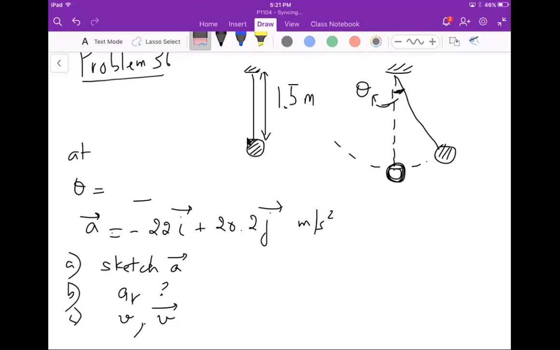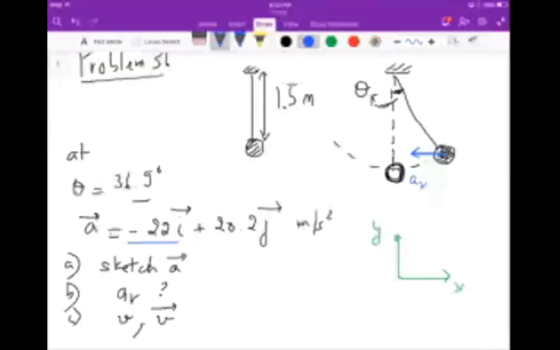So as you can see, AX is given by minus 22 i. That means that AX is pointing to the left, in the opposite direction with respect to the x-axis. So that is AX. And let me check the value. So it's minus 22.5.